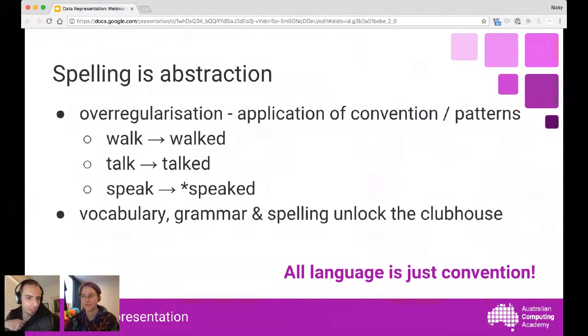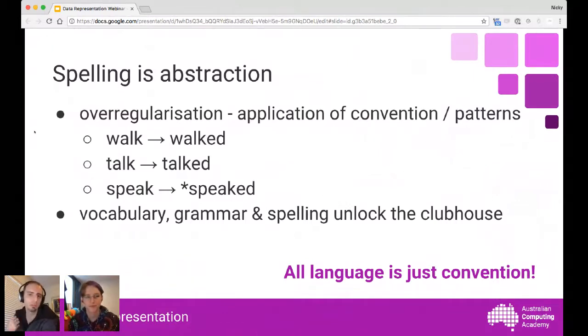We have a vocabulary, we have grammar rules, we have spelling conventions, and being able to speak in society following those conventions is what's critical for you to unlock the clubhouse and become an active member of society. And it's just a convention. And I think that's really, really interesting. So when students get something wrong, when they write speaked and get marked wrong, I think it's worth having that discussion that it's not wrong because they haven't communicated the idea effectively.